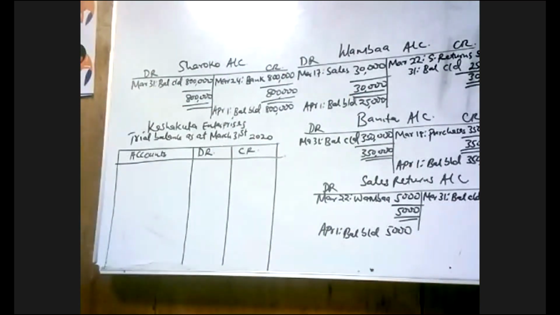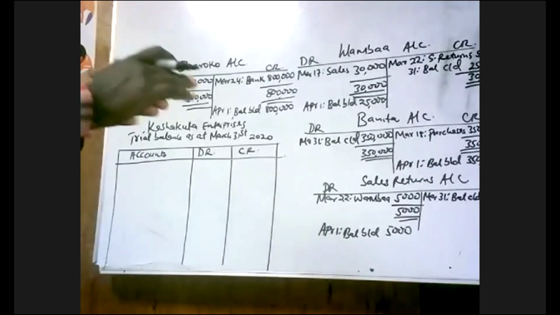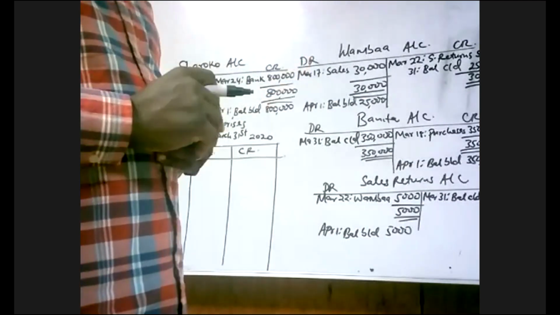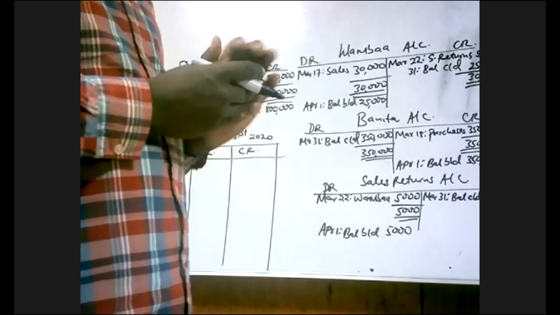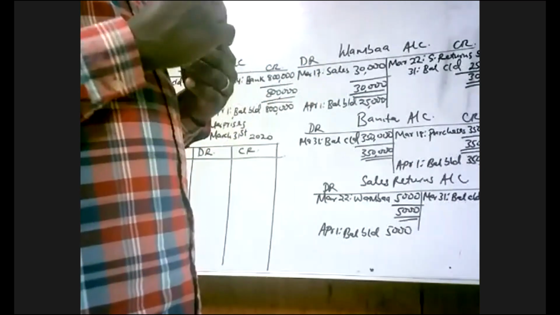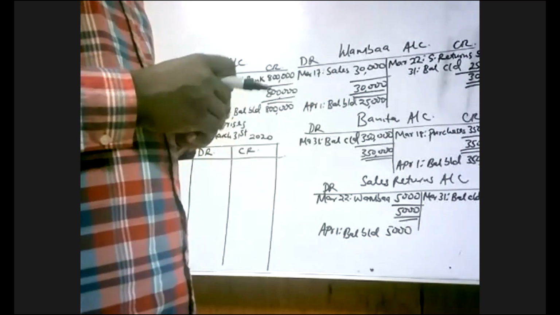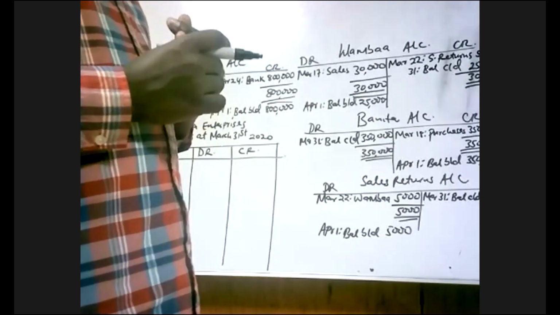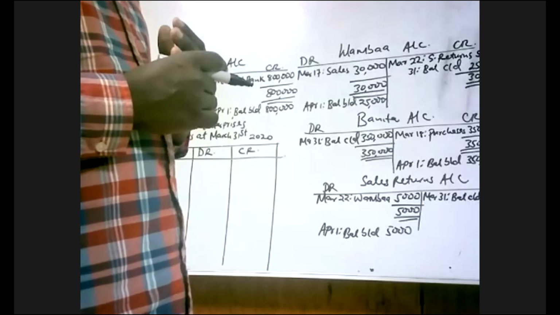So what you do, you go to each and every account that we have balanced, and then you pick the balance brought down, because that is in the correct side of that account. The balance brought down, not carried down.